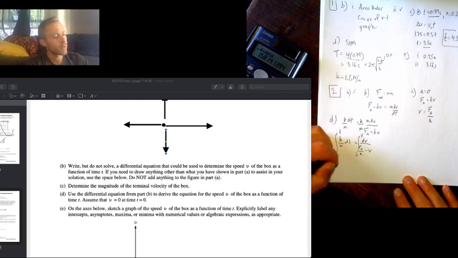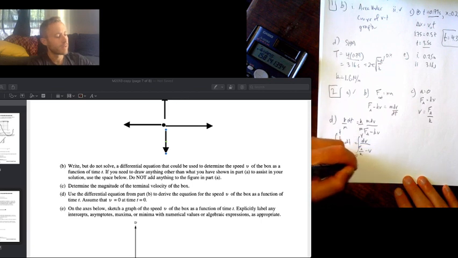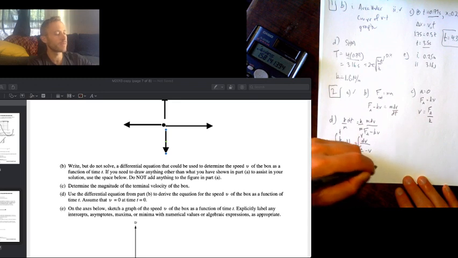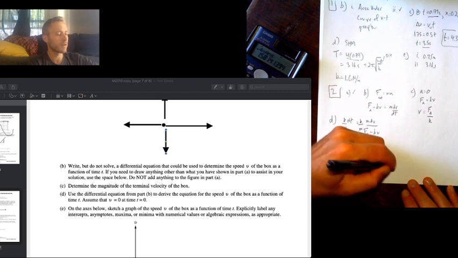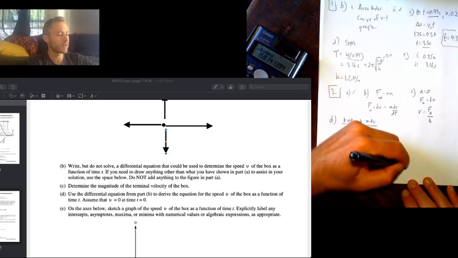So I have k over m times t equals minus natural log of (F_A over k minus v) plus natural log of F_A over k.